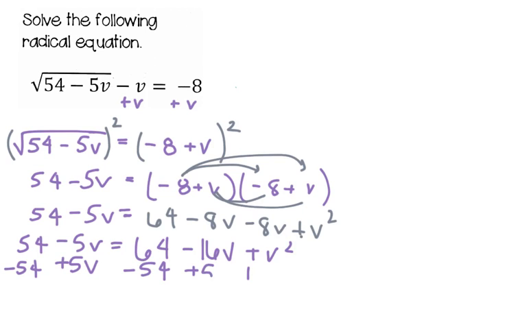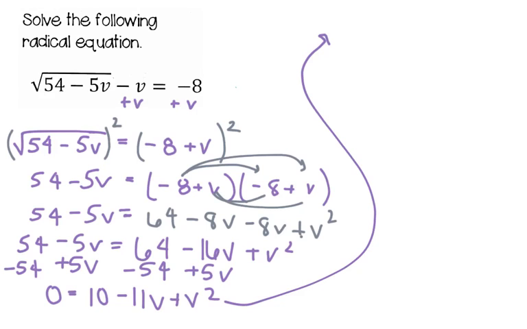So I'm going to add 5v to both sides and subtract 54, and so that will give me 0 equals 10 minus 11v plus v squared.